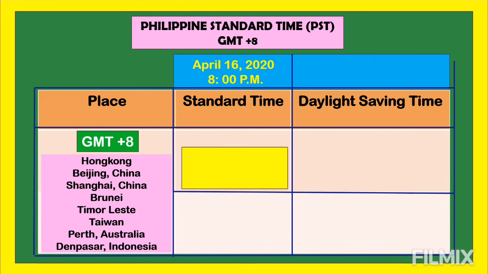So, it means that we have the same time. No need to convert. If it's April 16, 2020, 8 p.m. in the Philippines, then their time also is April 16, 2020, 8 p.m.